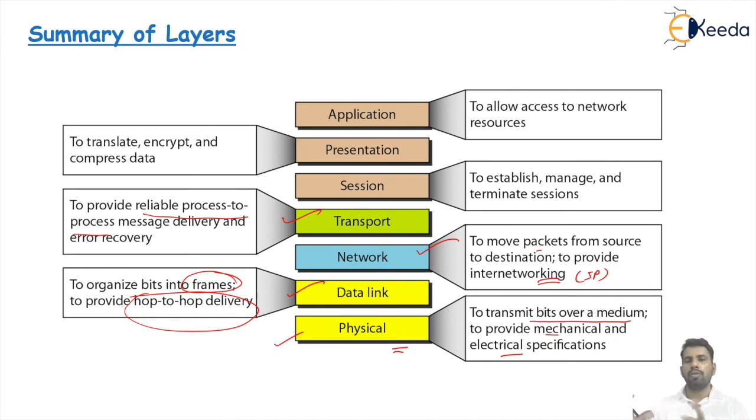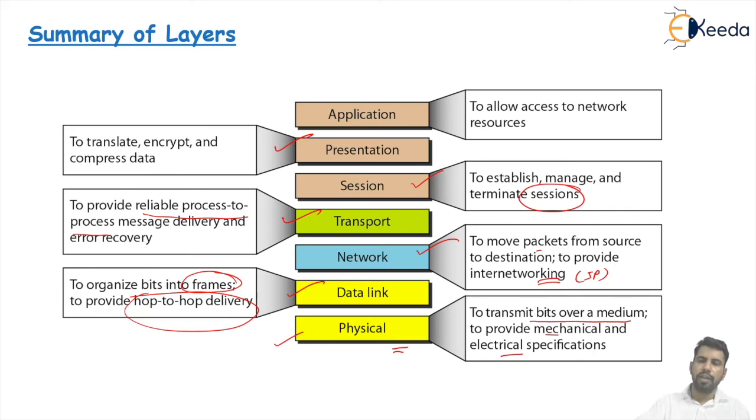If any data is lost or received corrupt at the receiver side, the receiver sends an acknowledgement or message to the sender: please resend me that particular packet that was corrupted or lost during the transmission. Session layer is mainly responsible for managing the sessions between the devices: establishing, maintaining, and synchronizing the sessions.